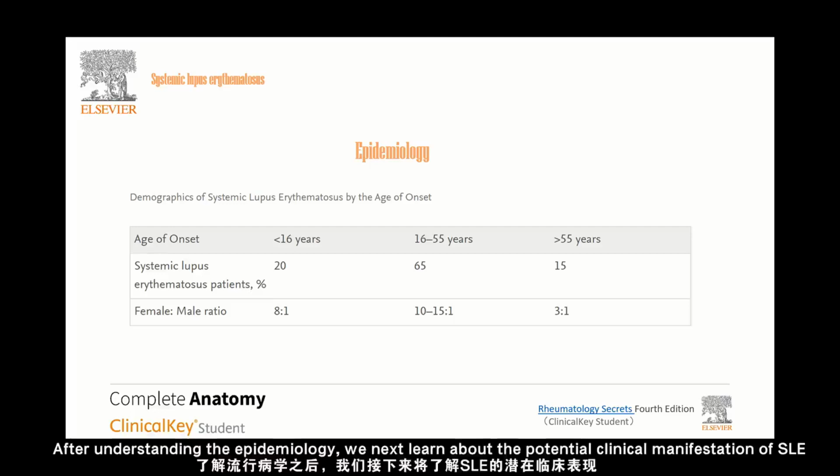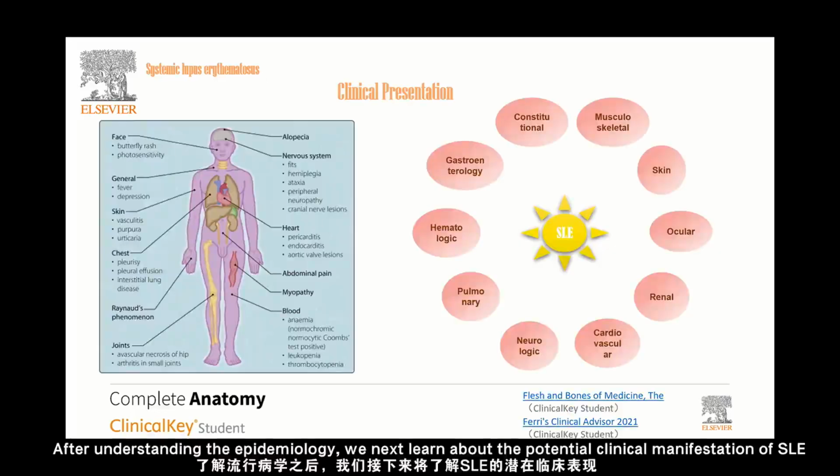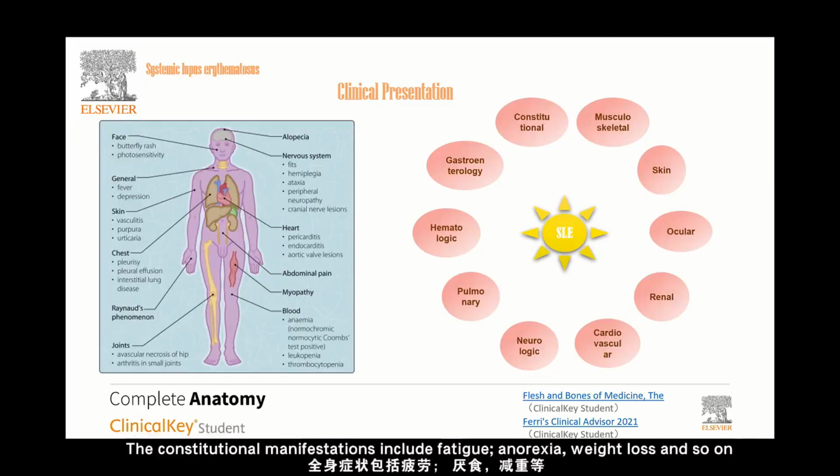After understanding the epidemiology, we next learn about the potential clinical manifestations of SLE. The constitutional manifestations include fatigue, anorexia, weight loss, and so on.